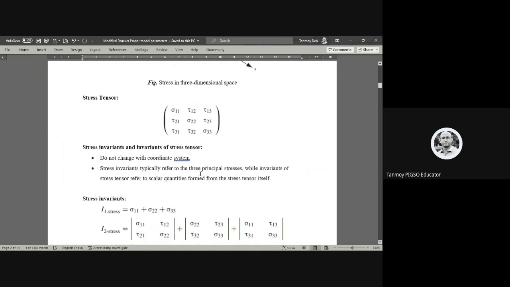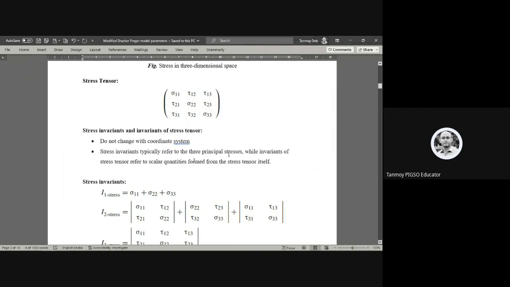So now to operate on a tensor, we need to calculate invariants. These invariants do not vary with the coordinate system, and we can determine the stress invariants. For the first invariant, we represent it by I1.